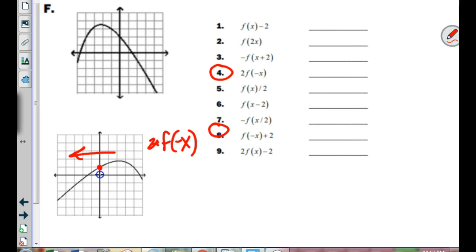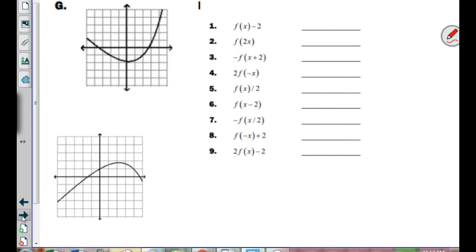Well, this one, if you reflected this, would be like this, and if you shifted it up too, that should be up here. I think it's stretched. Oh yes, I think it's number 4. Yeah, they're not quite this complicated on the quiz. Their answers are on the back.